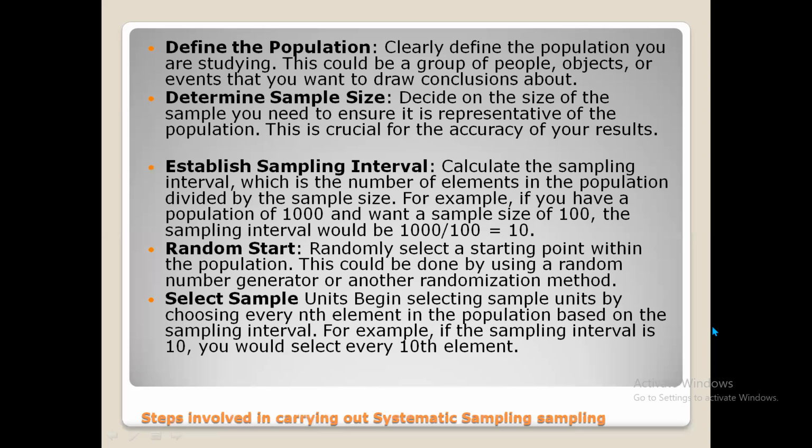How would you do that? The total number of women of childbearing age is 500, and the sample you want is 100. So by the time you divide the total population by the sample you want, you will get the interval.